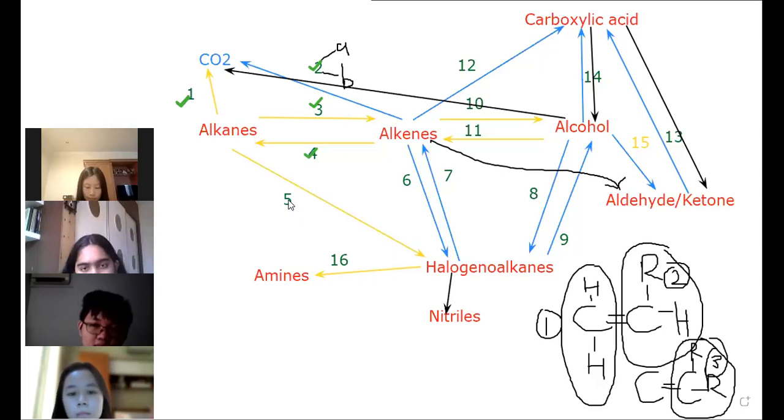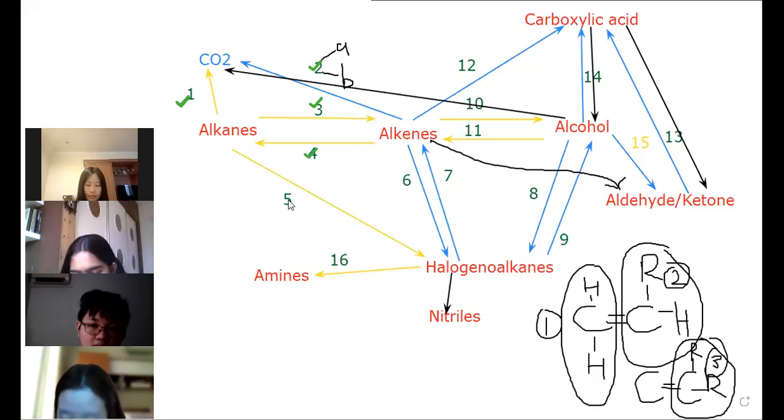Now, for propagation, the characteristic is the reaction between a free radical and a molecule. The product is a new molecule and a new free radical.